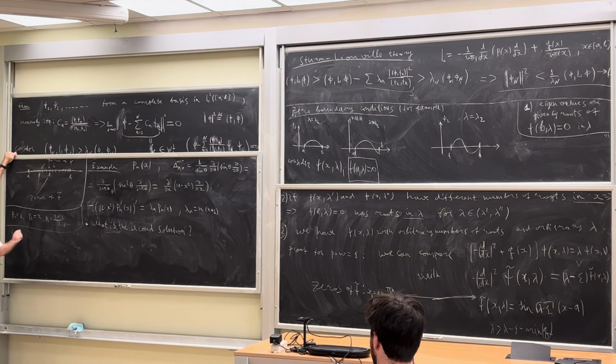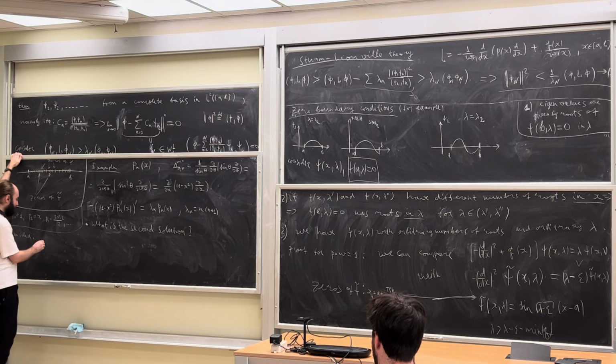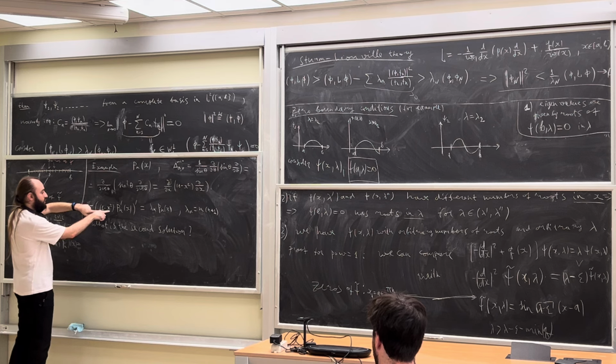So if you have a second solution, then the Wronskian of a good solution, which is a Legendre polynomial, with this second solution should be constant divided by 1 minus x squared.